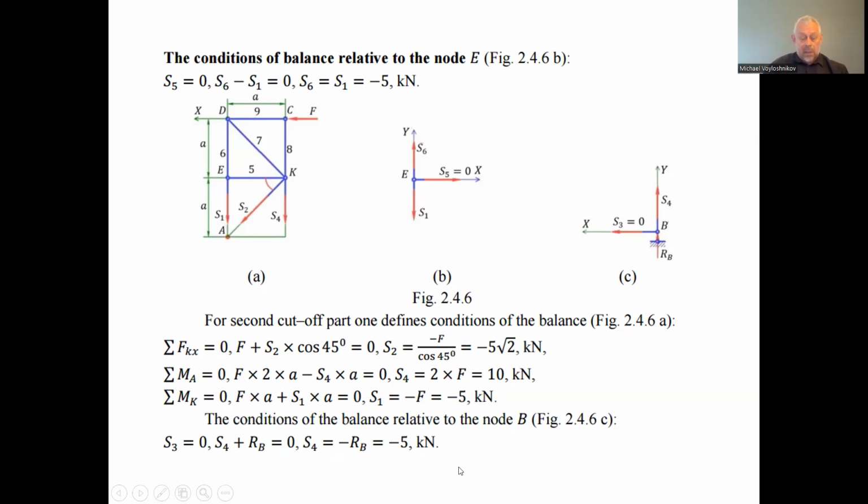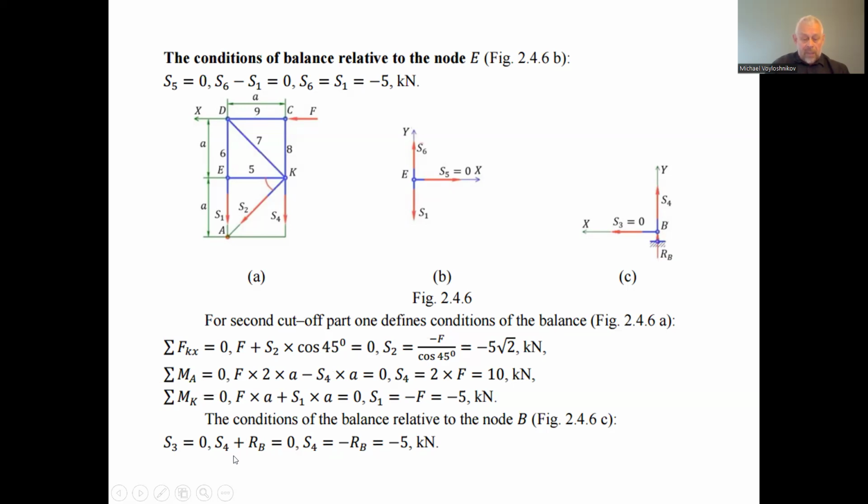The conditions of balance relative to the node B. Next we cut the last node B, and considering the conditions of balance, we have the force S3 equal to 0, because it is a zero node, rod 3 is 0. We have two rods, one rod and another one is the supporting rod, and rod 3 in the truss is perpendicular to these two, which are on the same straight line.